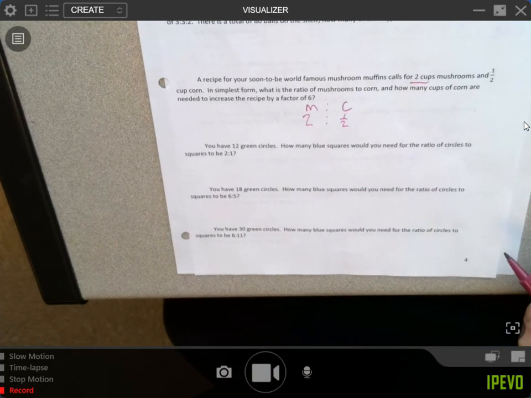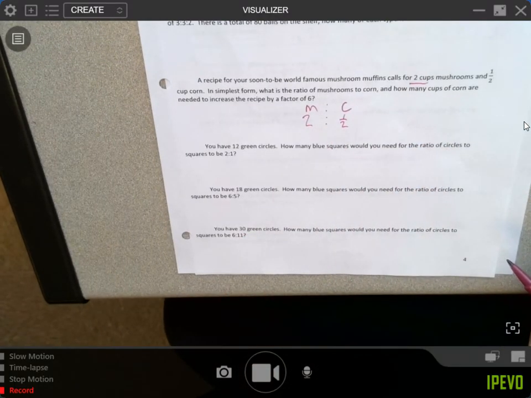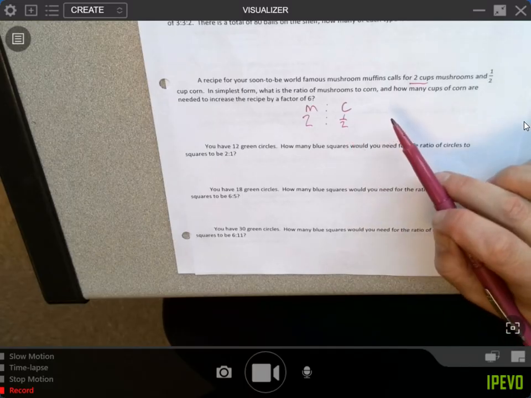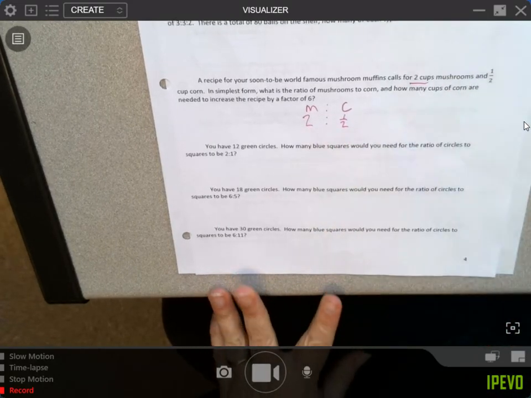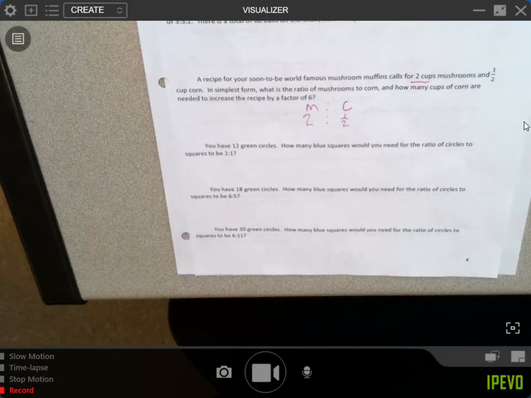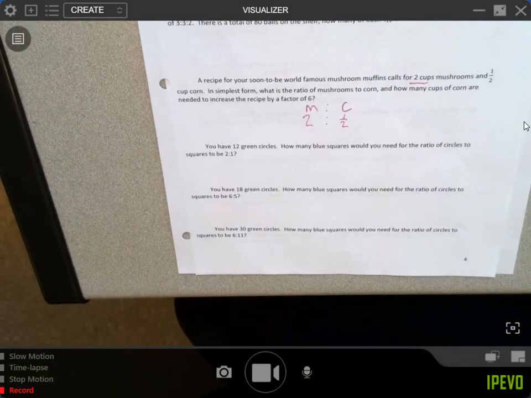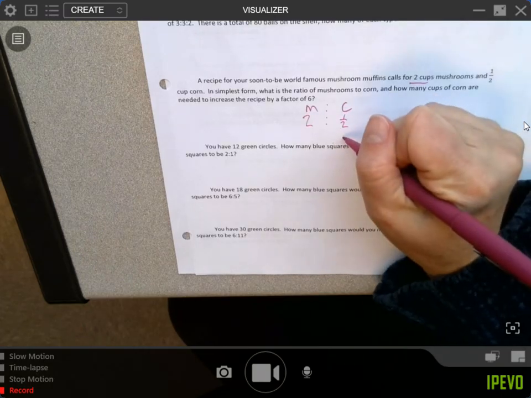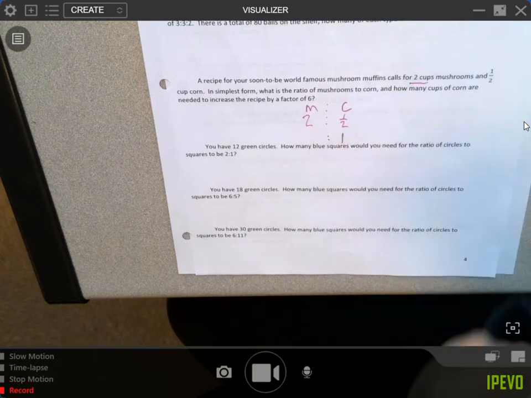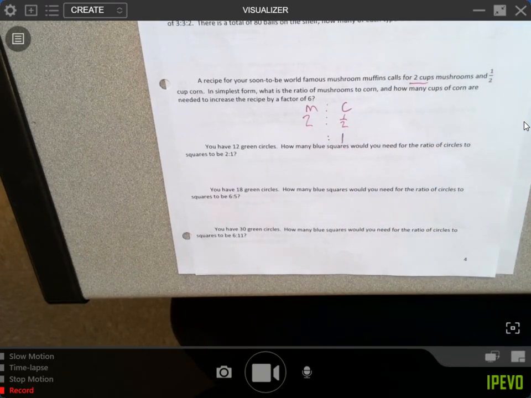In simplest form, so I need to do this in simplest form. So 2 to a half, well, we don't want a half. We want that half to go up to 1 whole. How do I get a half to go up to 1 whole? Christina?